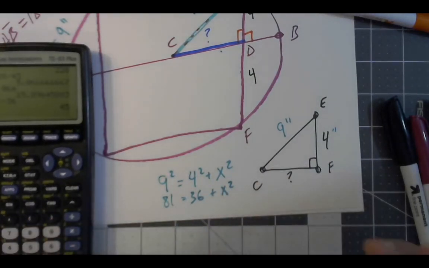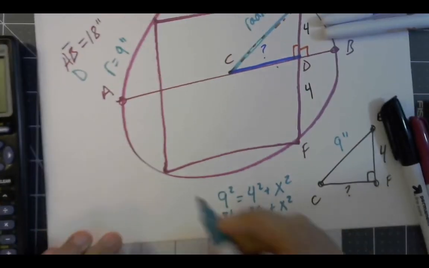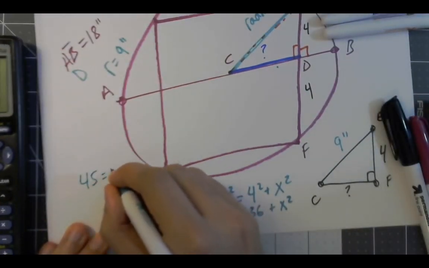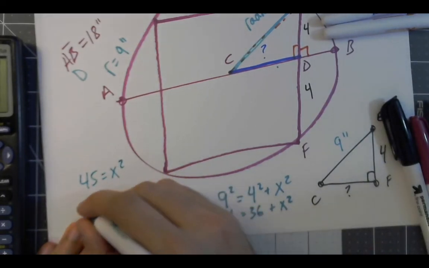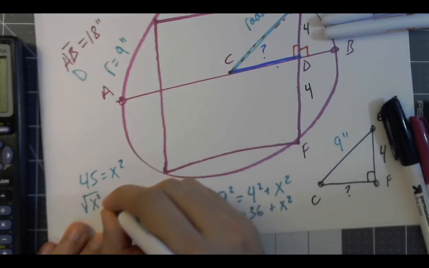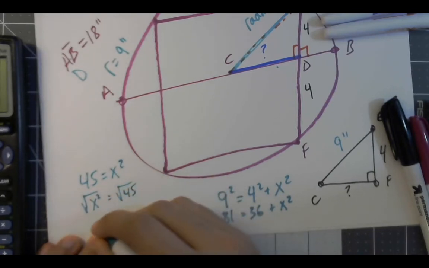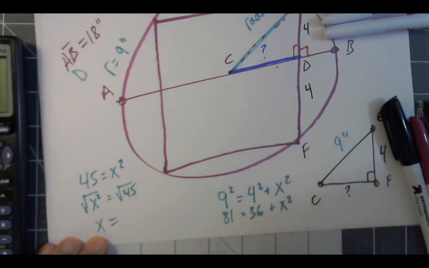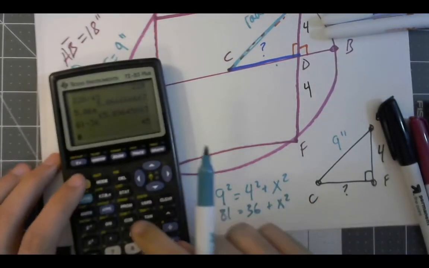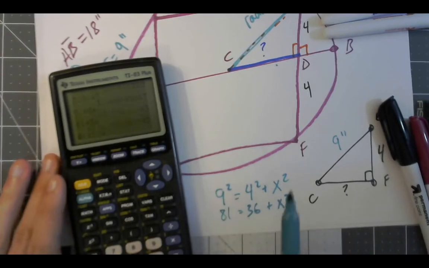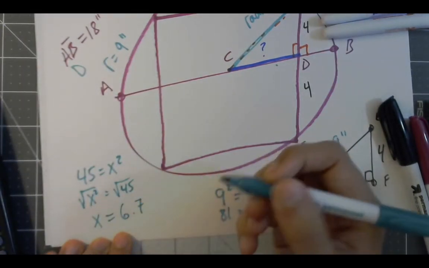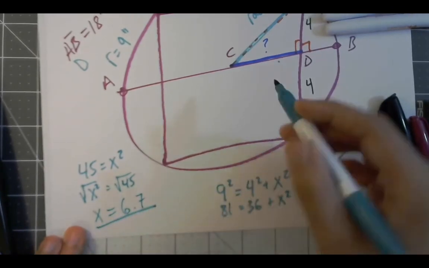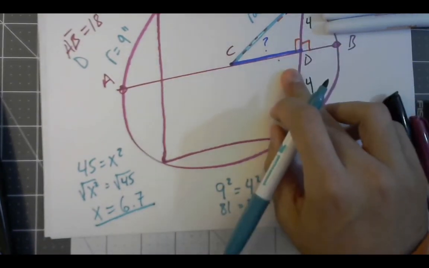That is 45. So 45 equals x squared. I need to square root both sides. X equals the square root of 45. Since we're doing a practical example, we can just plug that in, and we get a decimal, about 6.7. So we found this to be 6.7.